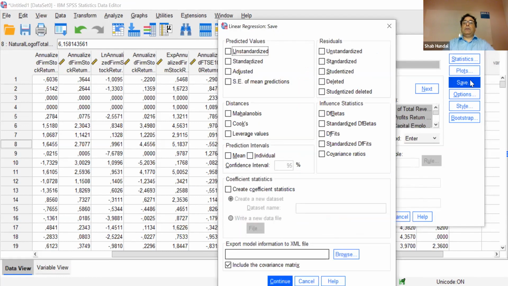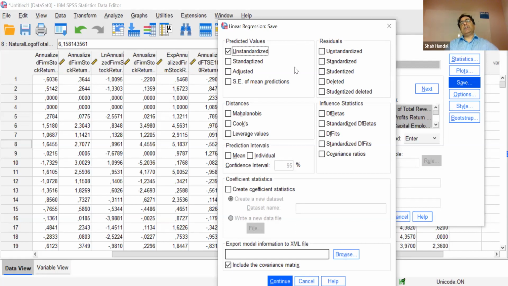Save, yes. Here, we can do two things. We can pick up the unstandardized predicted value, which means that at the moment, who is our dependent variable? Our dependent variable is debt to equity ratio. This debt to equity ratio, you all know, is the actual data.